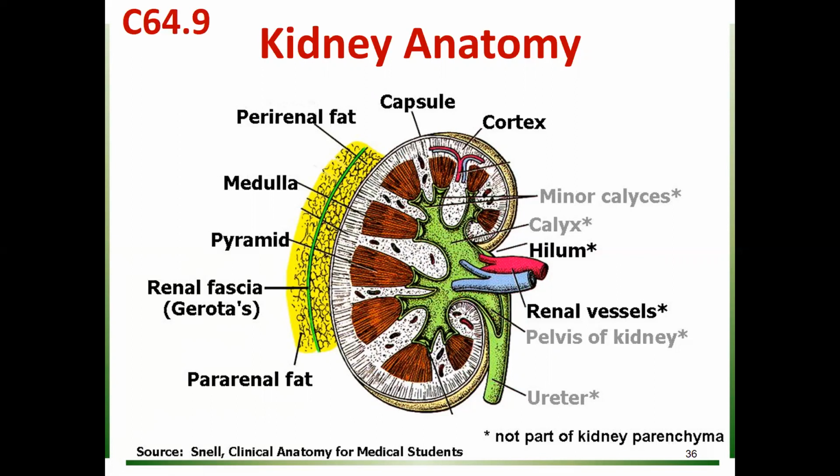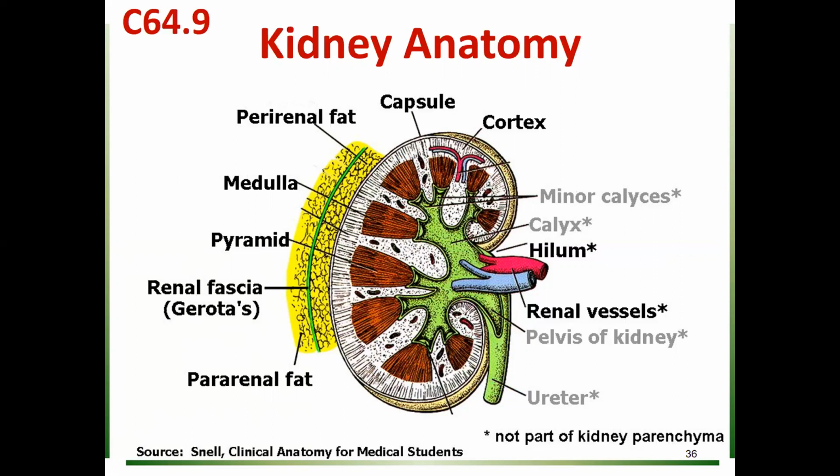Starting at the top, the cortex, the outer layer of the kidney parenchyma, which is a connective tissue layer, shown here kind of in grayish color. Next, the pyramid and the medulla area in brown is where that filtration takes place. Then you can see the outside layer of the kidney called the capsule, which is fibrous and tough.